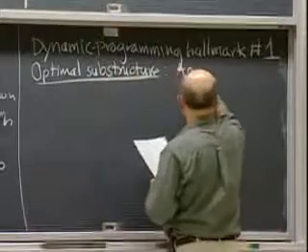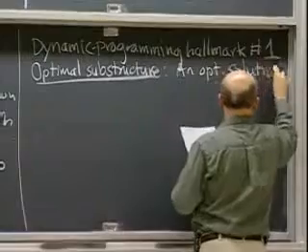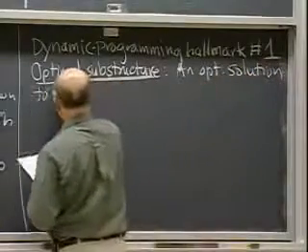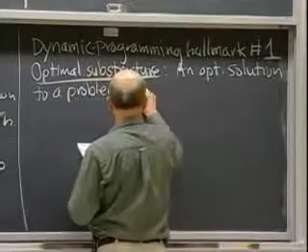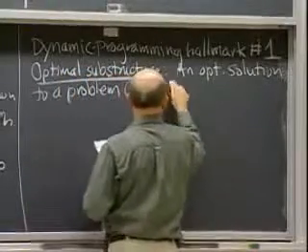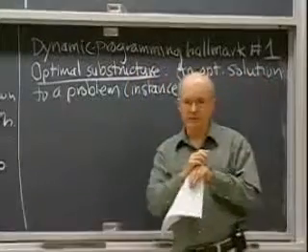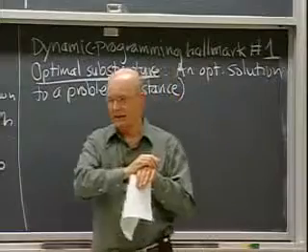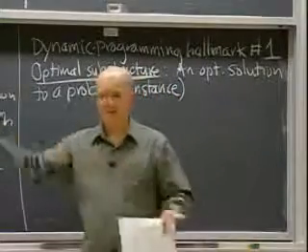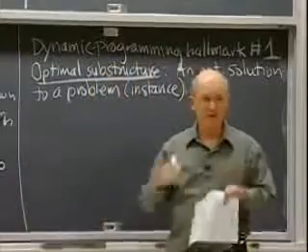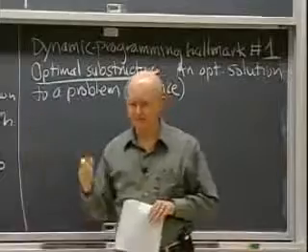What that says is an optimal solution to a problem, and by this we really mean problem instance, but it gets tedious to keep saying problem instance. A problem is generally in computer science viewed as having an infinite number of instances. Sorting is a problem. A sorting instance is a particular input.